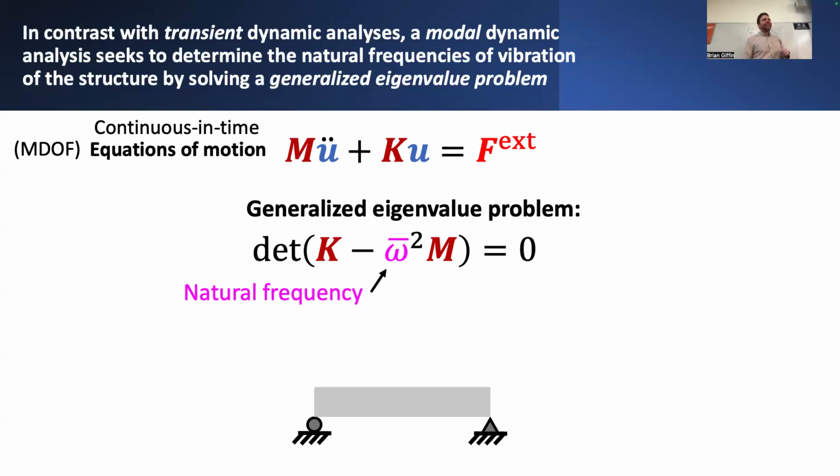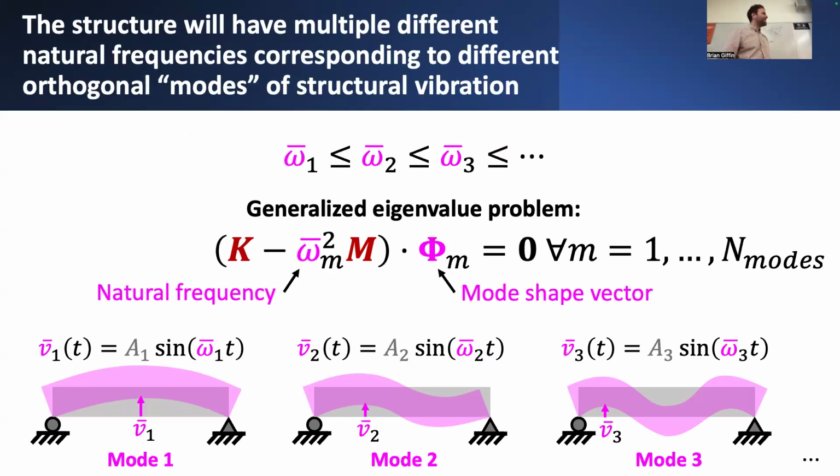Effectively, we can demonstrate that there are these natural frequencies that satisfy this condition: the determinant of the stiffness matrix minus the square of the natural frequency times the mass matrix has to be equal to 0 for each of the natural frequencies in the structure. But as I said, there's more than one natural frequency in general. There could be any number of them.